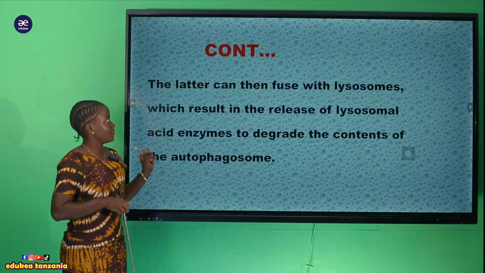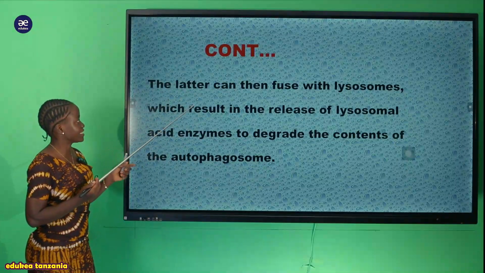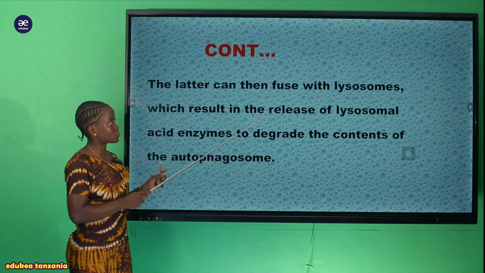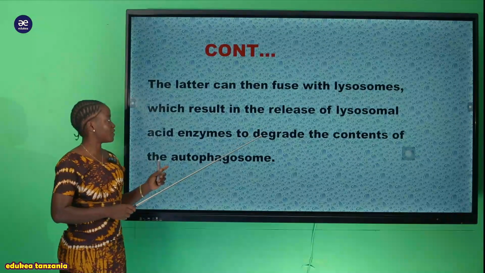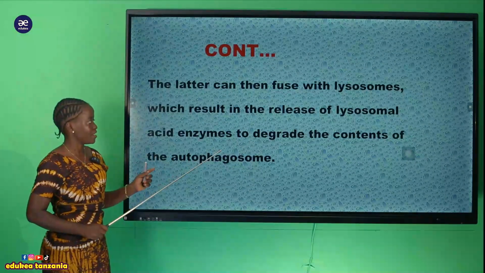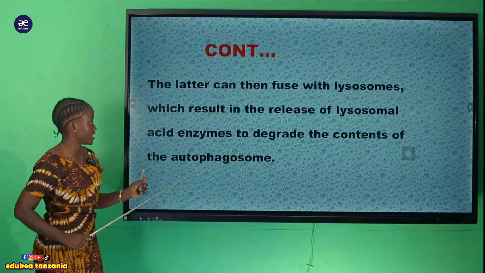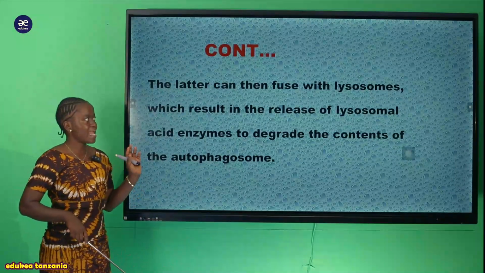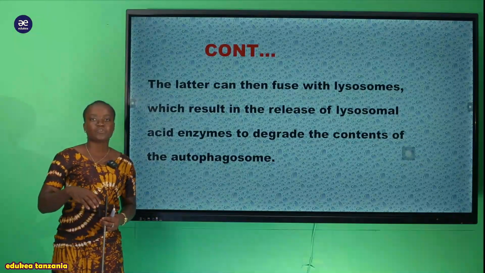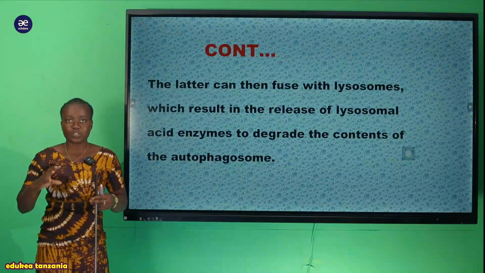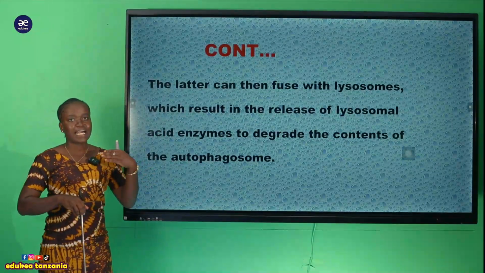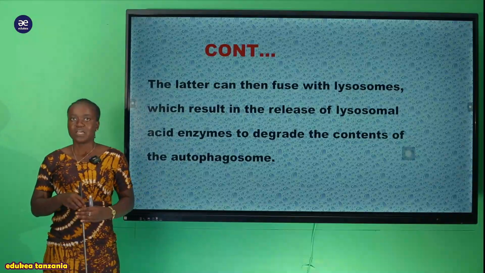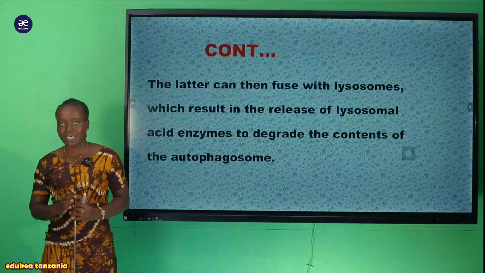But also we can say that the latter can then fuse with the lysosome, which results in the release of lysosomal acid enzymes to degrade the content of the autophagosome. So baadaye sasa ndipo ambapo ile autophagic vacuole itafuse na lysosome. Ikishafuse na lysosome ndipo ambapo ile lysosome, remember within the lysosome there are a lot of enzymes.